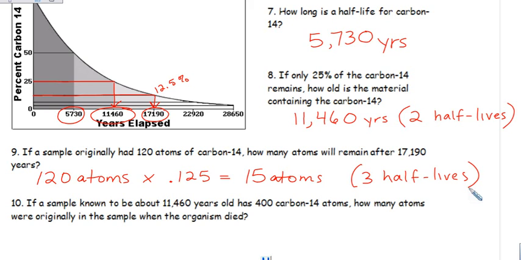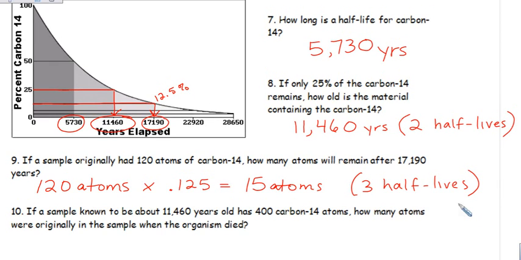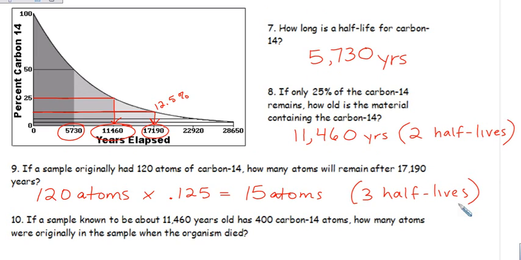Okay, so if I look at this graph, I can kind of tell that the 11,460 would have been after the second half-life. So let's work backwards and figure out the original amount of carbon in the sample.